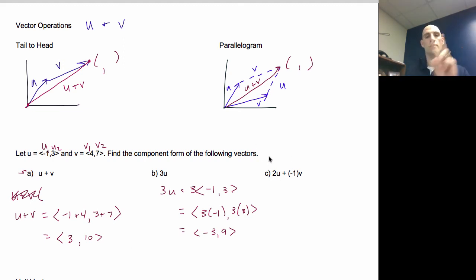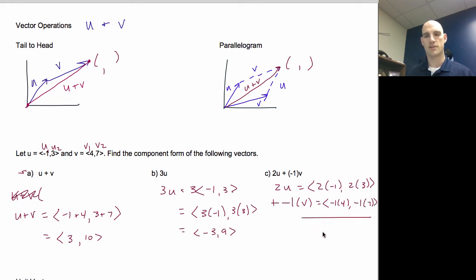This one involves doing two different things. The first one, I'm going to multiply 2 times u, so that's going to be equal to 2 times negative 1, comma, 2 times 3. And then to that, I'm going to add negative 1v, which is going to be equal to negative 1 times 4, comma, negative 1 times 7.